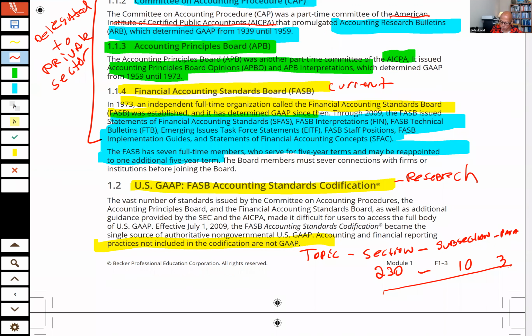So it is important that when you're doing your homework and your task-based simulation questions, you will almost always see at least one research question in every chapter, and you need to practice using the software, doing the keyword search, and seeing that you are able to find what section of the codification would answer the question being asked.